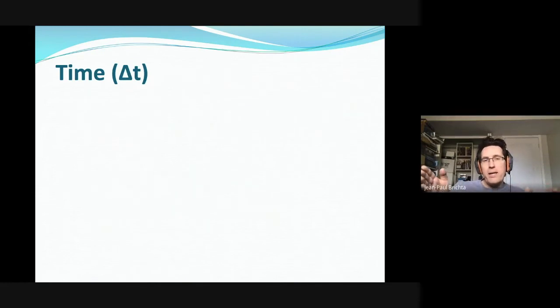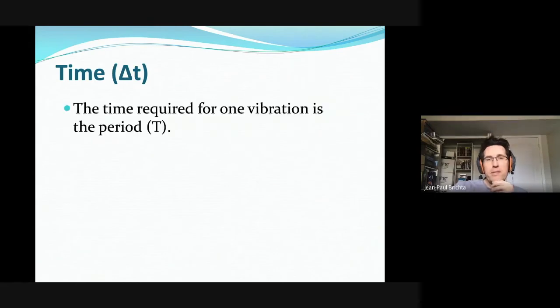And the time, okay, we need a time. And again, this goes back to this idea of the periodic motion. The time that we're going to use is in fact the period, right? The time for one wave, the time for one cycle or one vibration is the period. So period has units of seconds, usually.